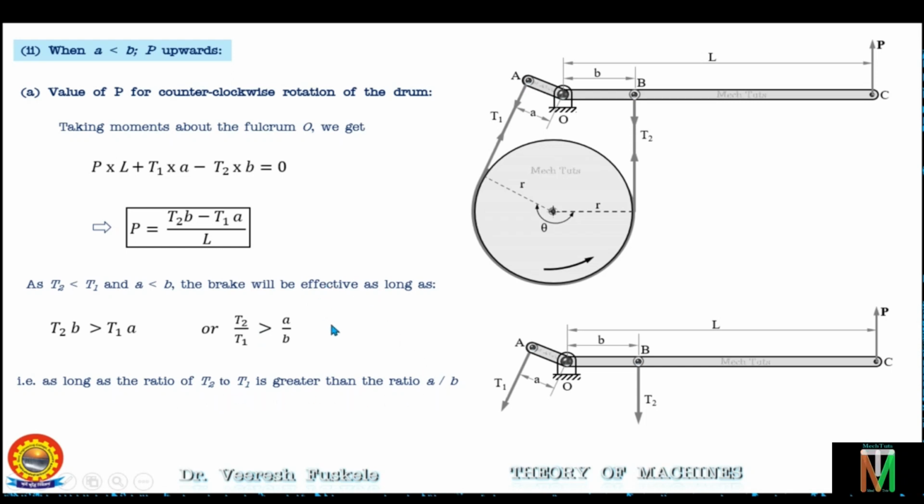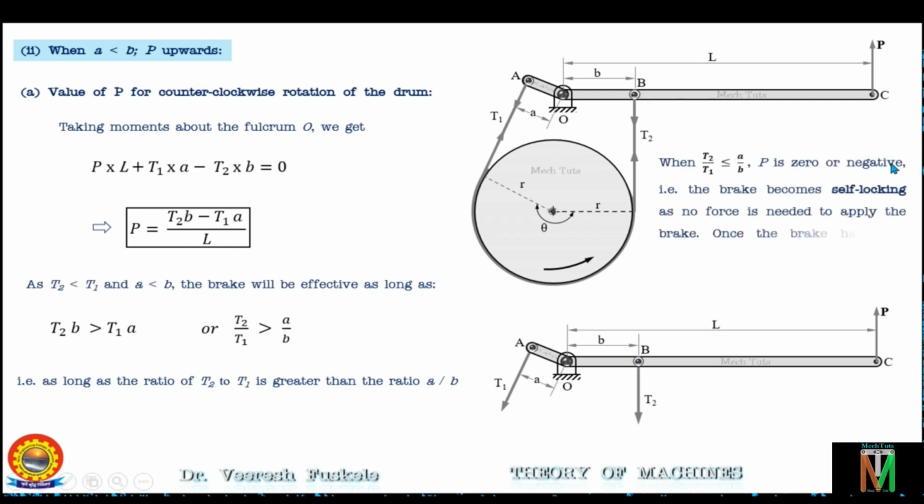Now what will happen if T2B becomes less than or equal to T1A? In that case, P will be either negative or 0, so the brake will be a self-locking brake. So when T2 by T1 is less than or equal to A by B, then P is 0 or negative.